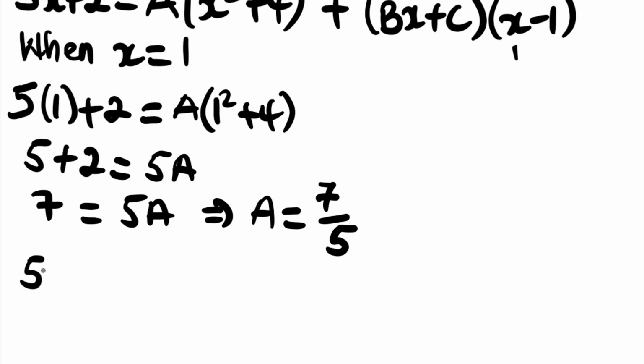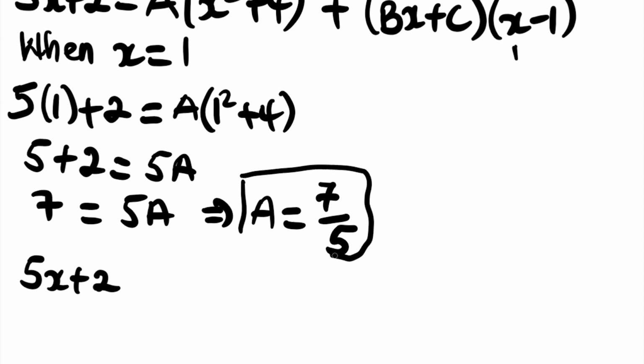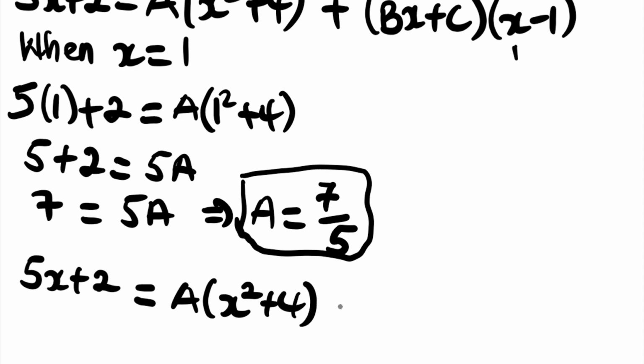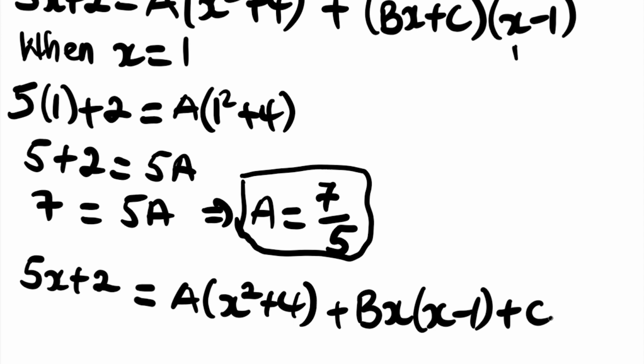I have 5x + 2; let me put A in this bracket for us to know that we have that value already. 5x + 2 equals A multiplying (x squared + 4) plus Bx times (x - 1) plus C multiplying (x - 1).